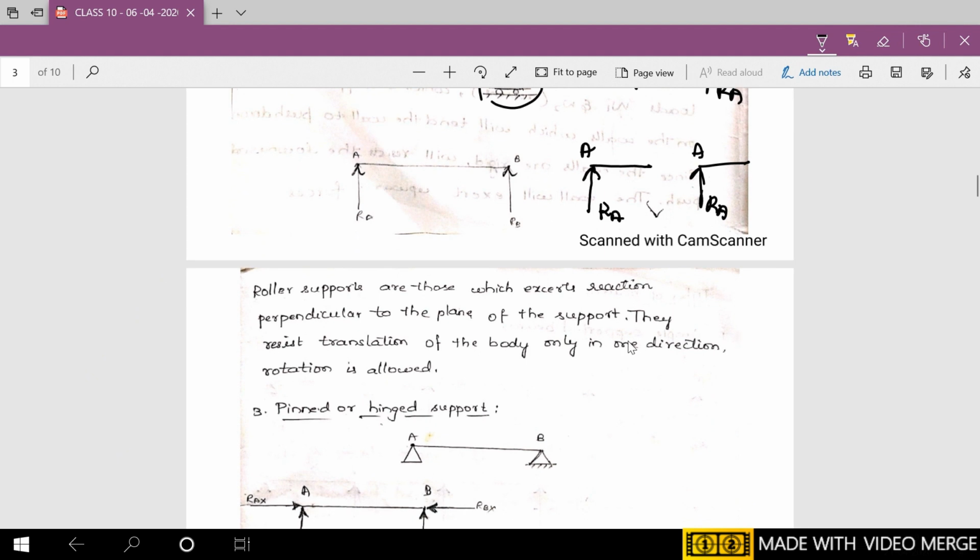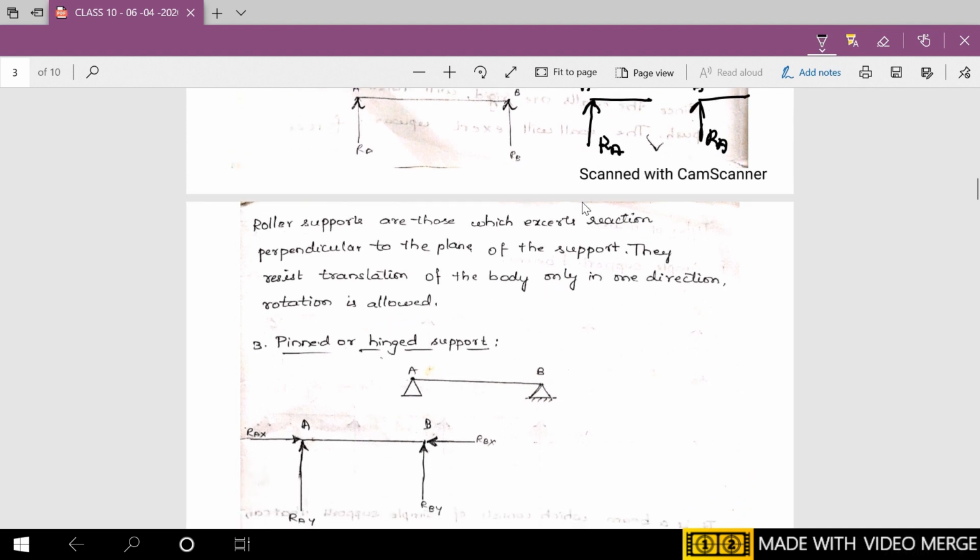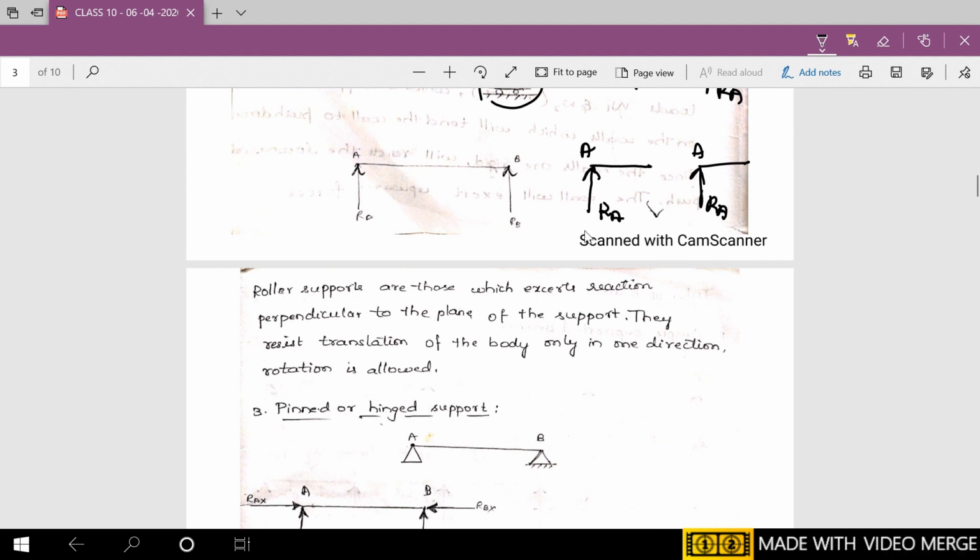Again, you can see that they resist the translation of the body in one direction and rotation is allowed. So translation in one direction is restricted, and translation in the other direction as well as rotation are allowed.